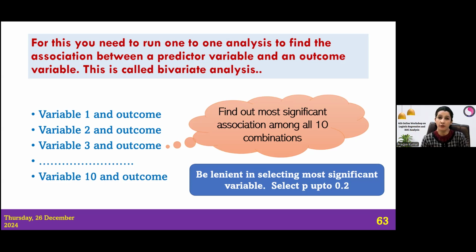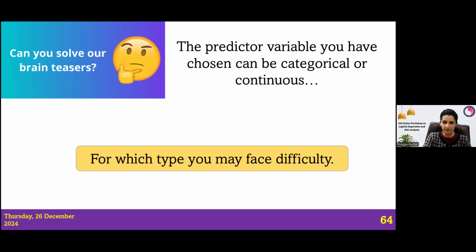But in case of selecting the predictor variables for our dependent variable, we are generally a little lenient and we keep it at a level of 0.2. So we select those variables where the p-value is up to 0.2. It should not exceed 0.2 because then there are chances that when you run a multivariable logistic regression, it may become significant.